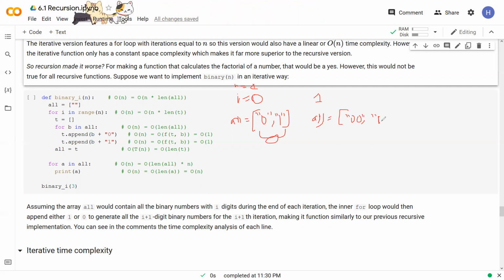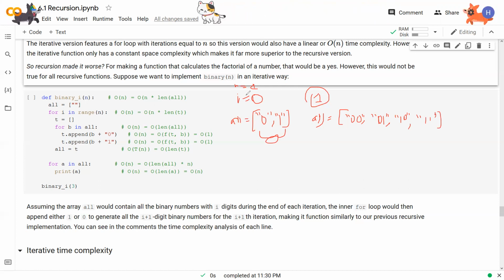So, notice na yung same principle siya as the one we used earlier sa recursion na kukunin natin lahat ng i-digit na binary numbers. So in this case, pag i equals 1, kukunin natin lahat ng 1-digit na binary numbers and dudugtungan natin ng either 0 or 1. And in this case, nagagawa natin lahat ng i plus 1 na binary numbers. I plus 1 digit na binary numbers.